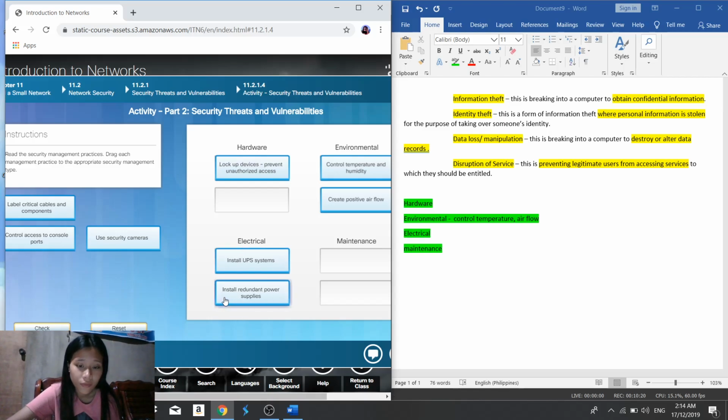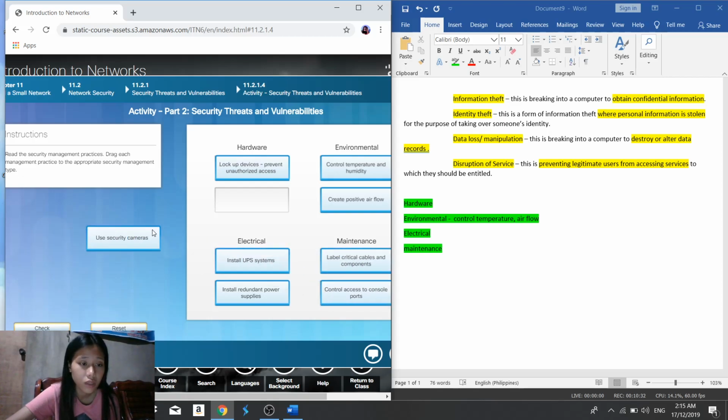For maintenance, label critical cables and components. The next one is control access to console ports. The last one is use security cameras, for the hardware.